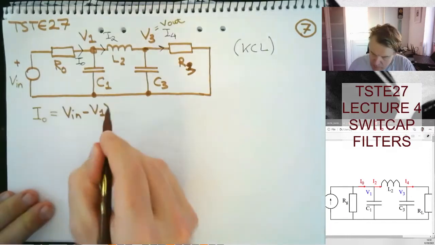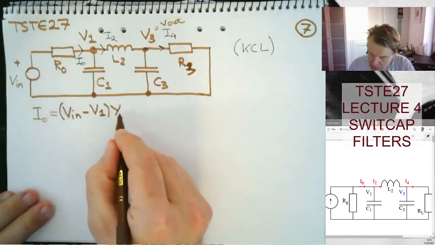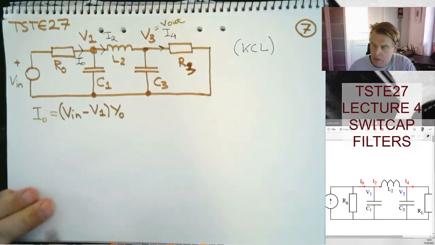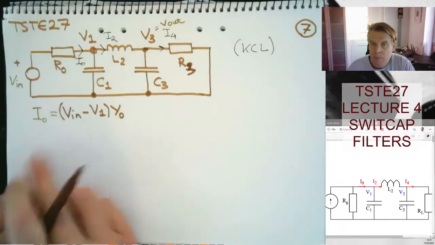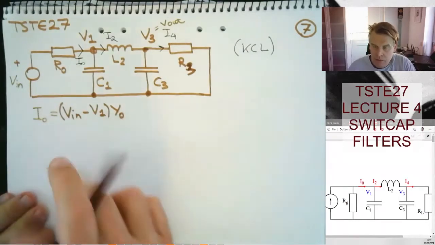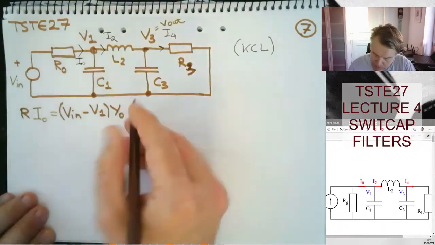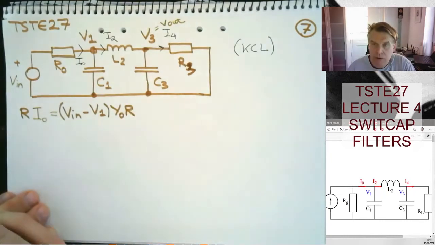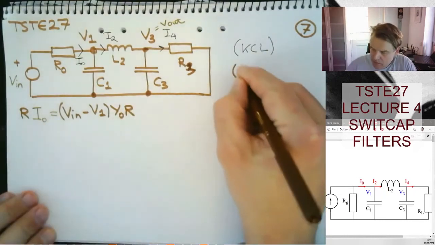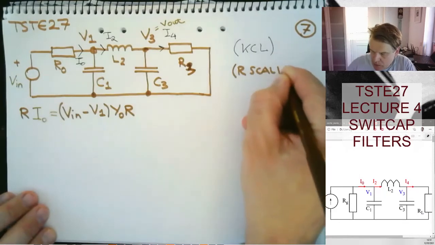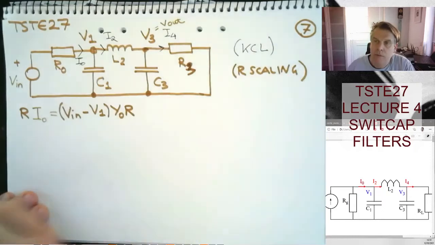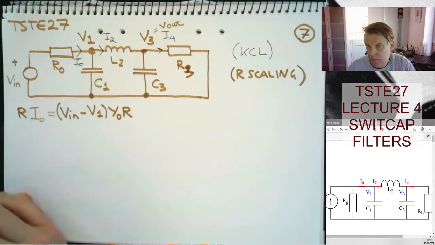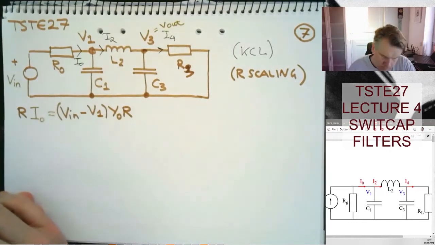Now I'm just going to be a bit lazy, so I'm going to call that Y naught instead, just to save ourselves some space. That's a current, and that's also a current, obviously. So I'm going to multiply this with a factor R to get the voltage. And R now is just a scaling factor, so that's going to add up to one additional variable in your design that you simply have to choose.